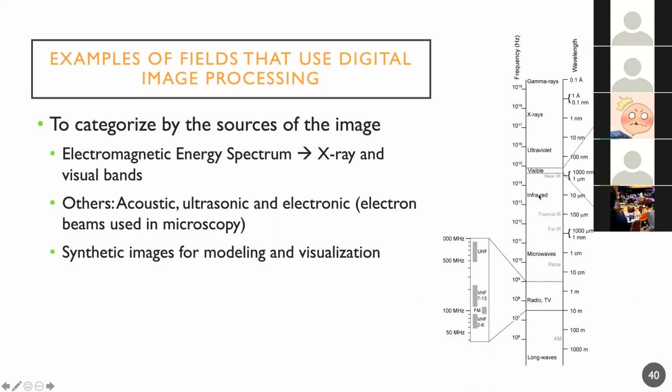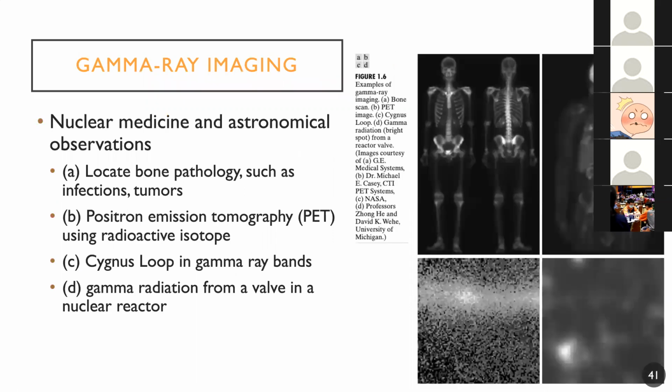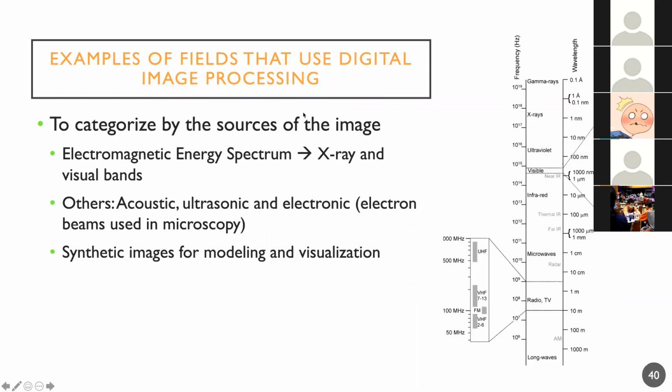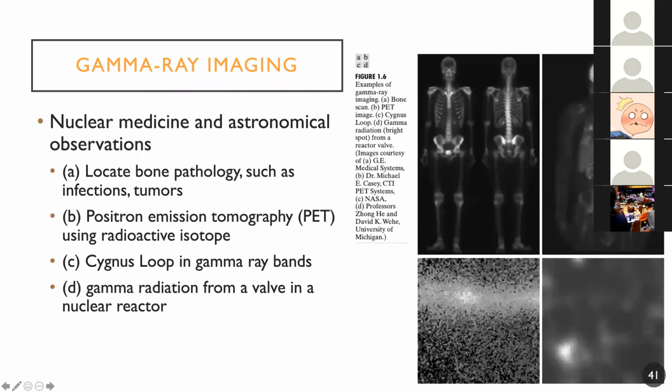So we'll talk about some more applications. The first spectrum we'll talk about is gamma ray, which has the highest frequency. Gamma ray imaging is used in medical imaging and in astronomy. In medical imaging, they call it nuclear medicine.